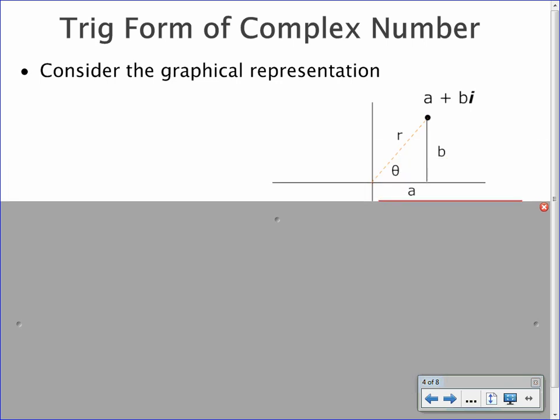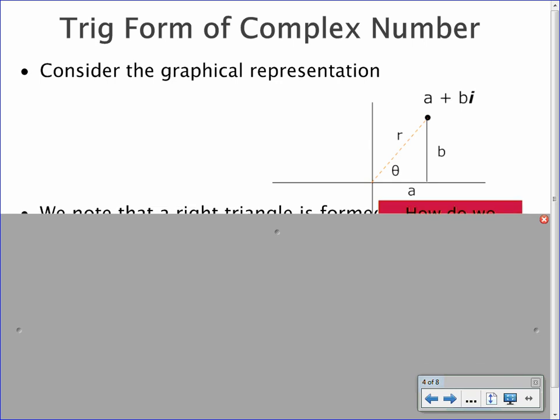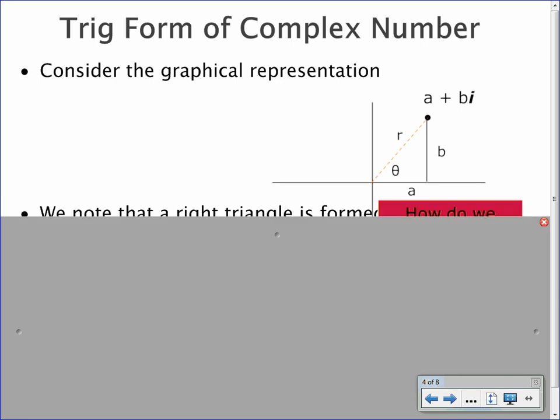This is basically what we had drawn on the last slide that we used for our absolute value. How would we find that angle theta? Some trig. If we knew, inverse tangent is b over a. Very good.